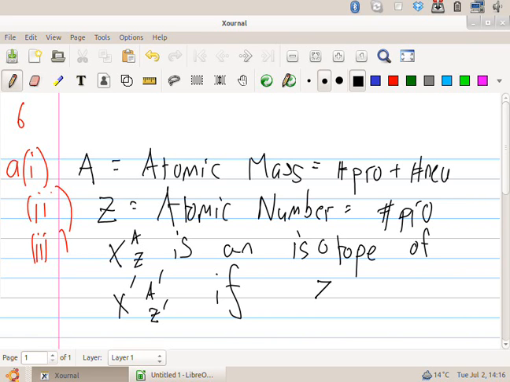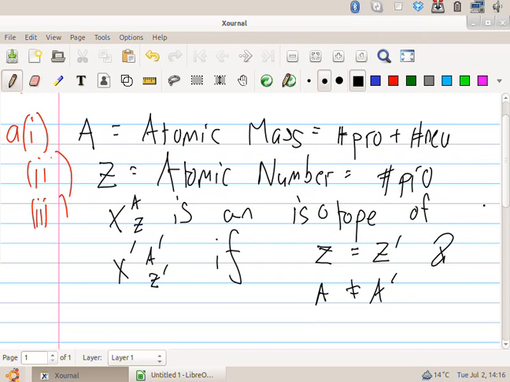Yeah, the proton numbers need to be the same, and they have different mass numbers. So you might call that a formula definition. So it's an isotope if it has the same proton number, the same atomic number, but different atomic mass. We can't explain it by words. Oh yeah. I'm trying to just do it quickly since I did this last time.